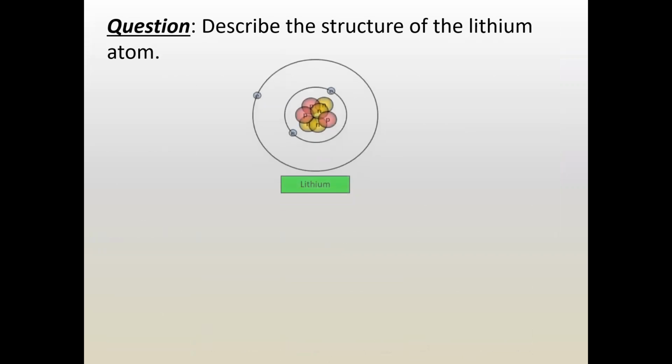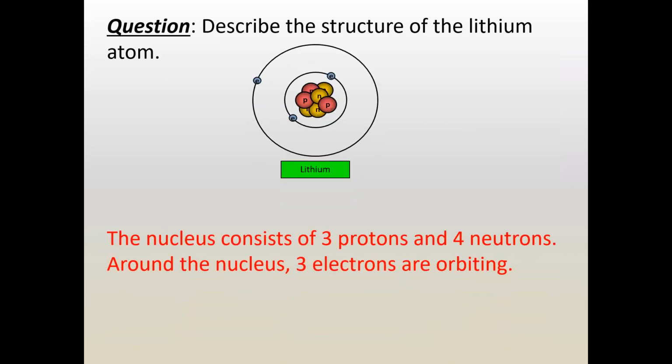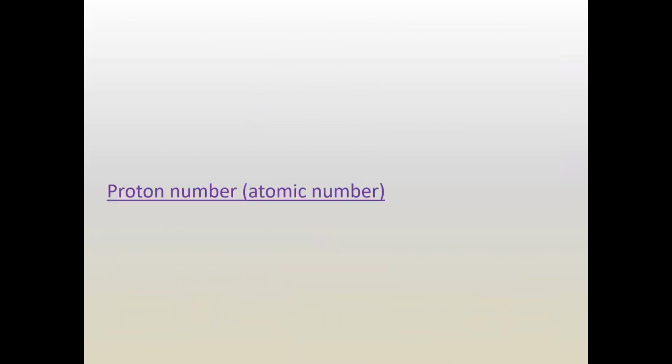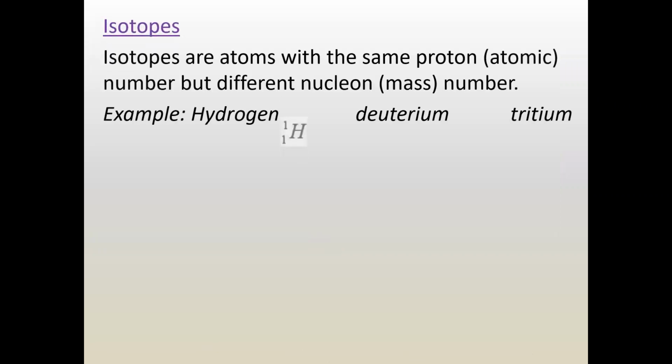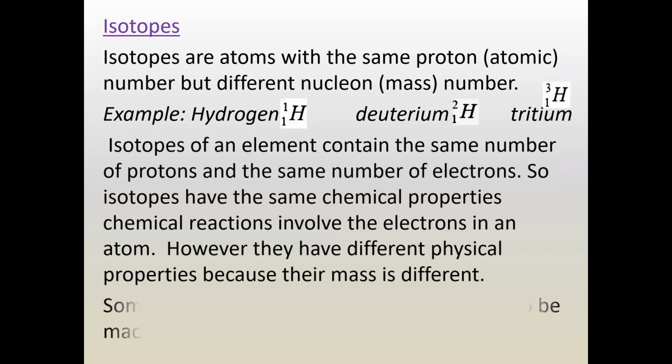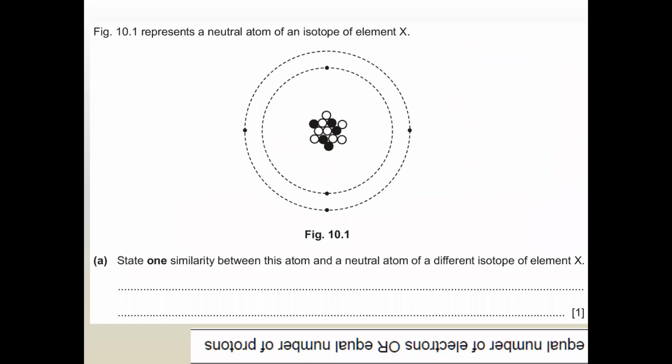When we describe the structure of lithium, the nucleus consists of 3 protons, 4 neutrons, and 3 electrons, where Z is the proton number and the nucleon number is A. And we already discussed isotopes: same atomic number but different atomic mass.